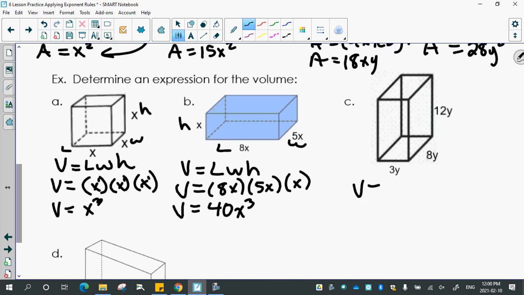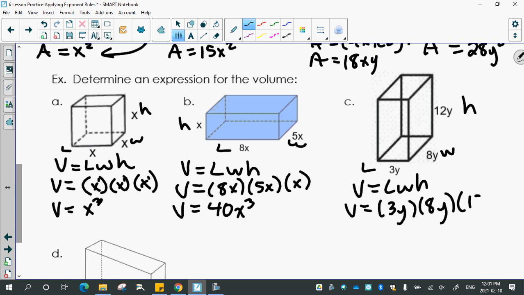All right, C. Pick your length, your width, and your height, and it doesn't matter which one's which. 288y cubed. Very good.